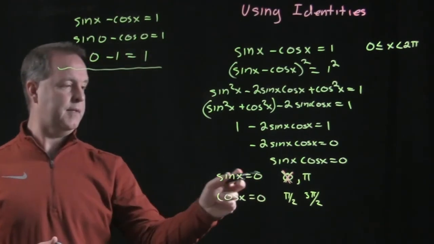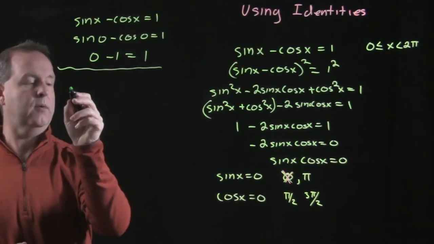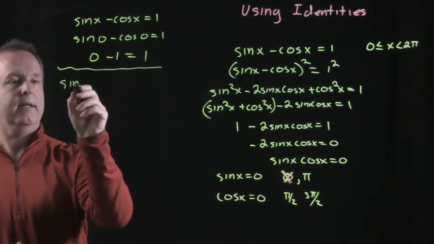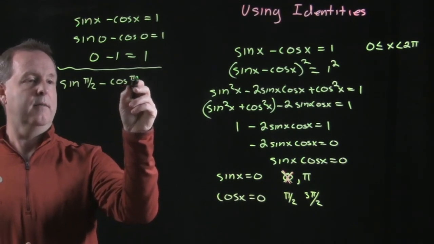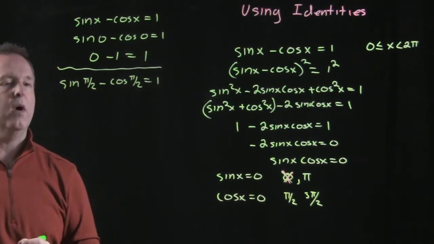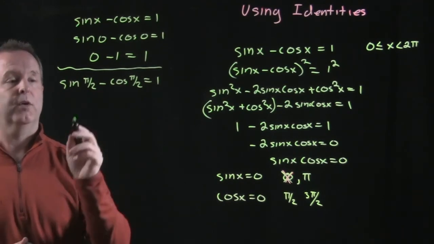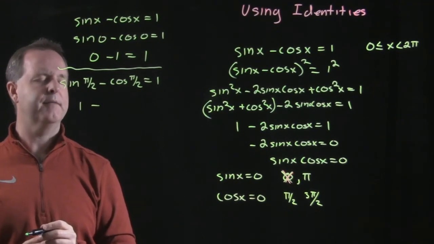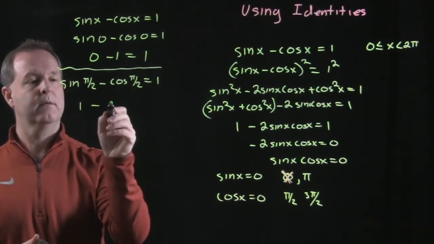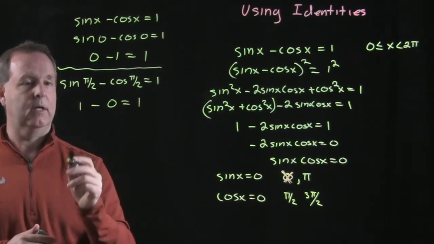Then we have pi halves. Let's try this solution since we're going around the circle. So the sine of pi halves minus the cosine of pi halves. Does that equal 1? The sine of pi halves is a 1, minus the cosine of pi halves, which is a 0. That equals 1, so that one is true. All right.